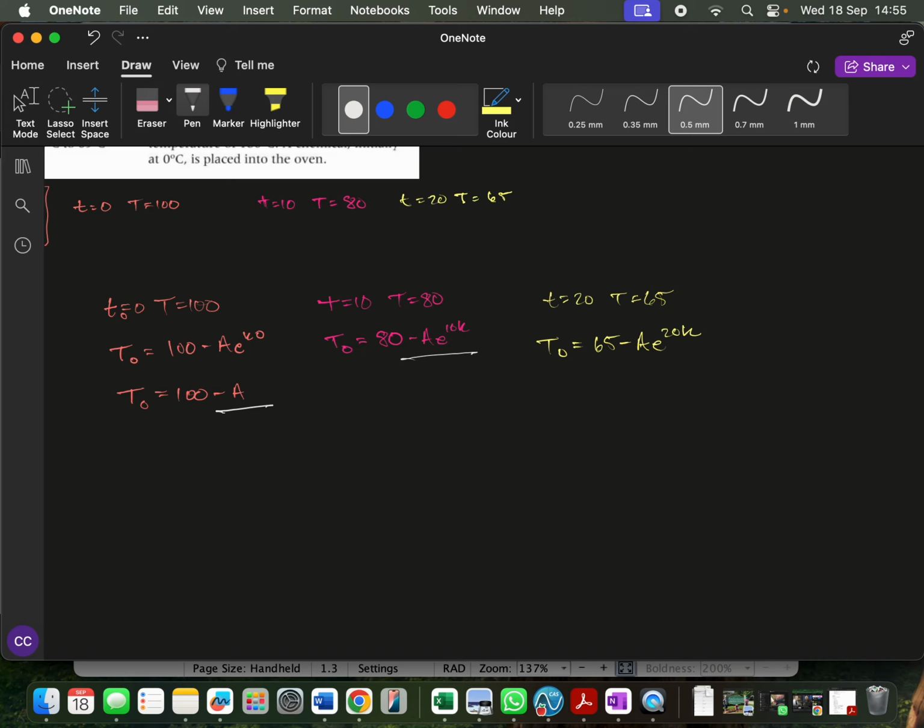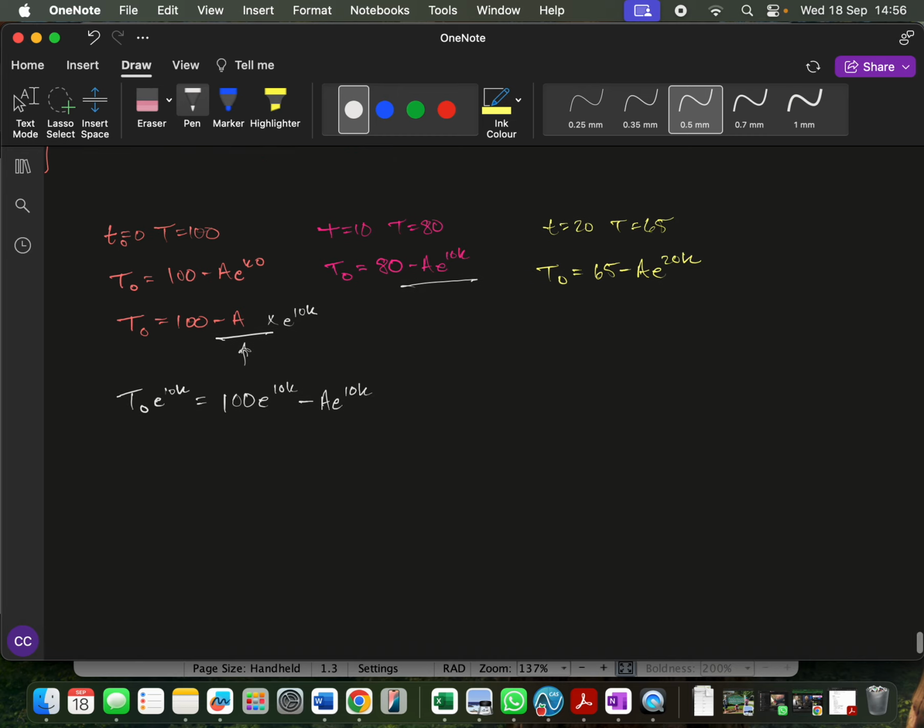So if I take and I multiply this by e to the 10k, I'd be left with that right there. So I get T0 e to the 10k is the same as 100 e to the 10k minus A e to the 10k. Boom, boom, boom, we're good.